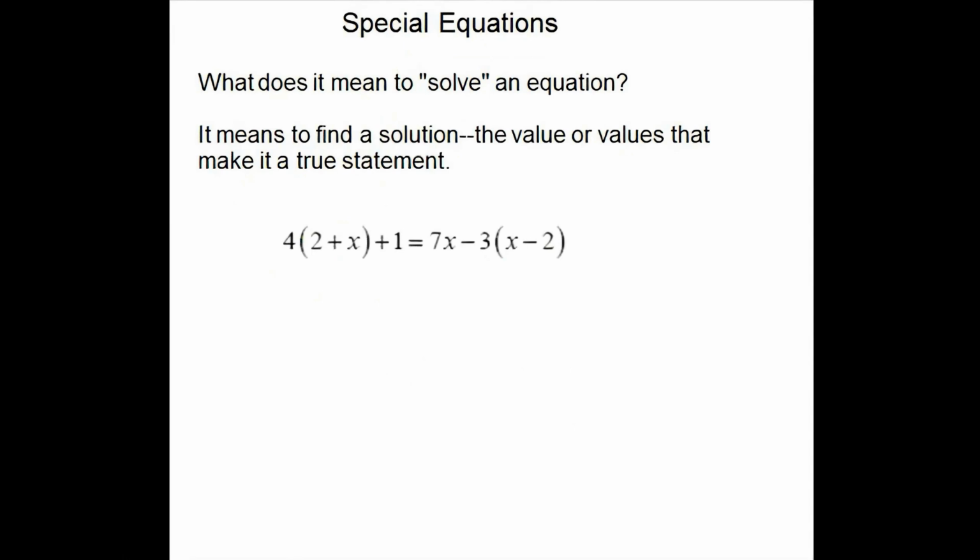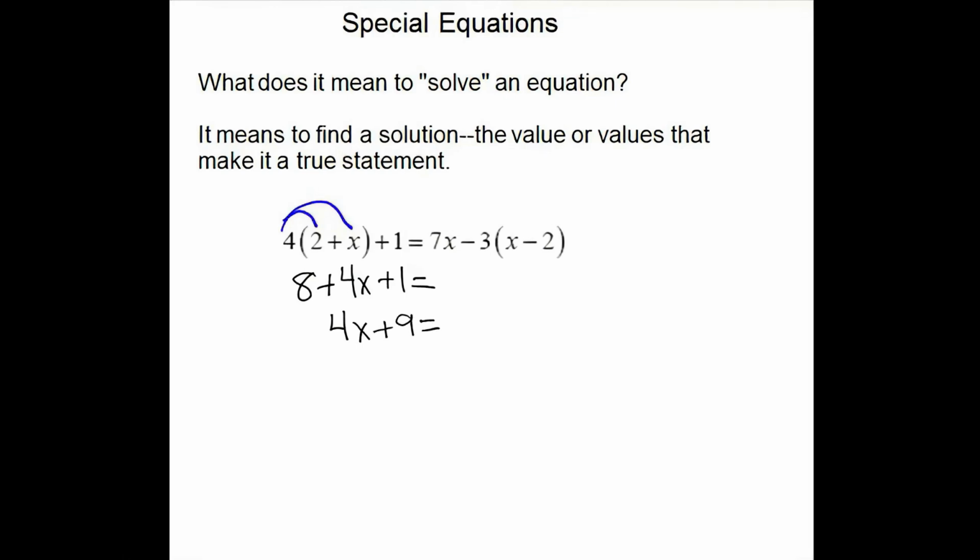Let's try to solve this next equation. So first we'll simplify. On the left-hand side we can distribute the 4. This will give us 8 plus 4x plus 1. And we can combine the 8 plus 1. So we have 4x plus 9.